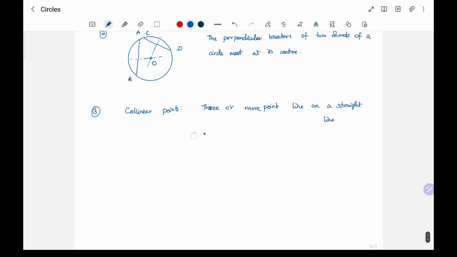For example, let's say points A, B and C. If I join A and B, and it passes through C, then A, B, C are collinear. Another example, D, E and F. If I join D, E and it does not pass through F, then they are called non-collinear points.